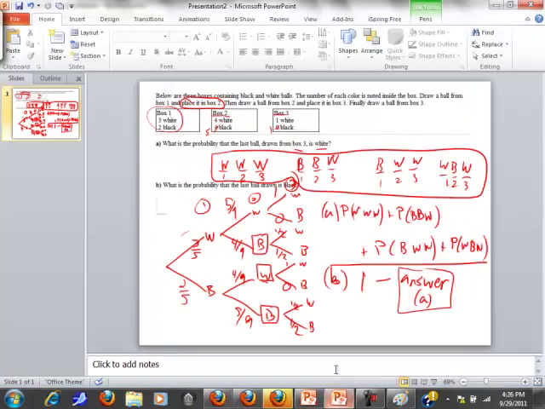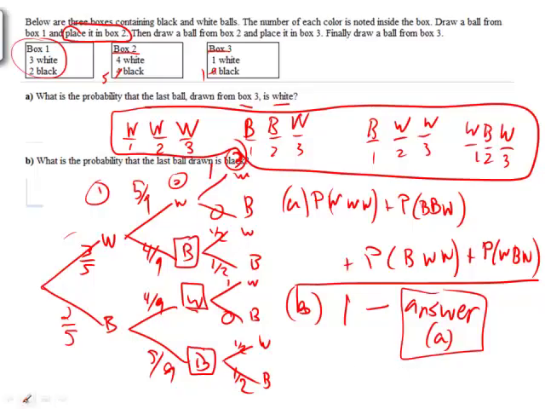I'll just put them on here for you. 34 out of 45, sorry, and 11 out of 45.